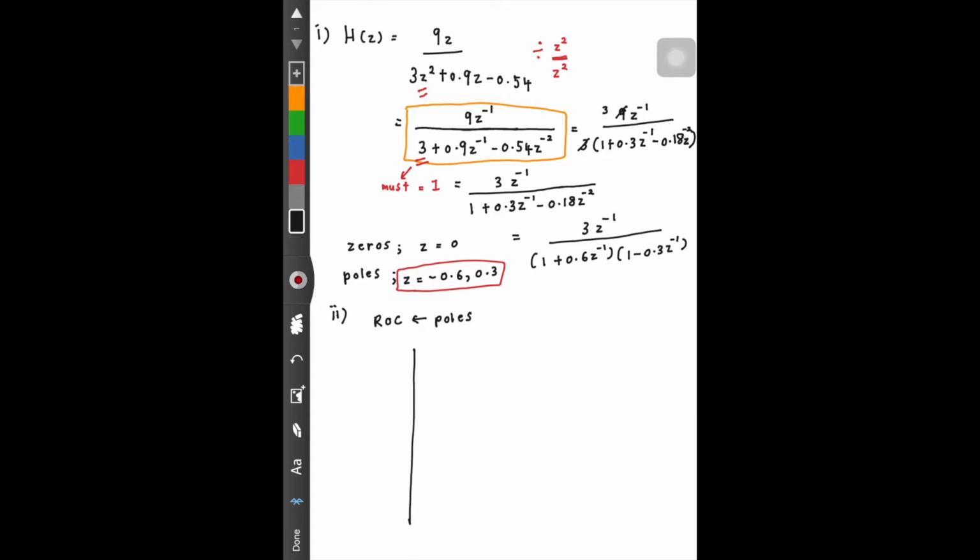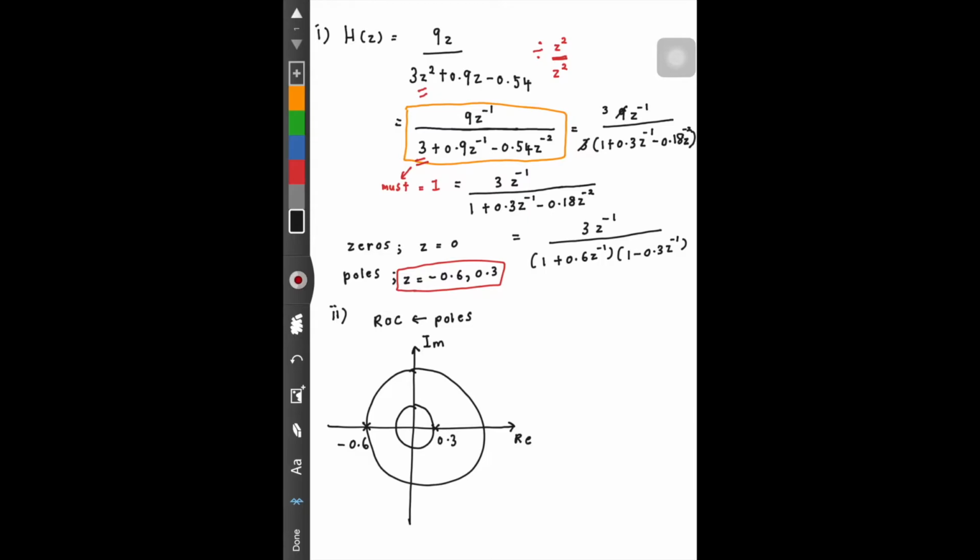So what happened? You draw this one, real and imaginary. So you have 0.3, and then you have minus 0.6.